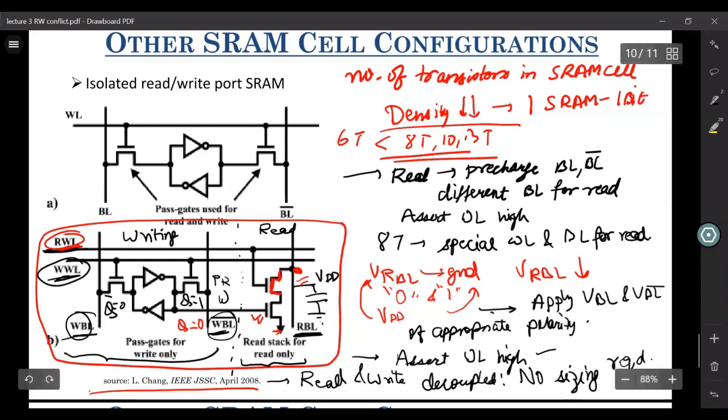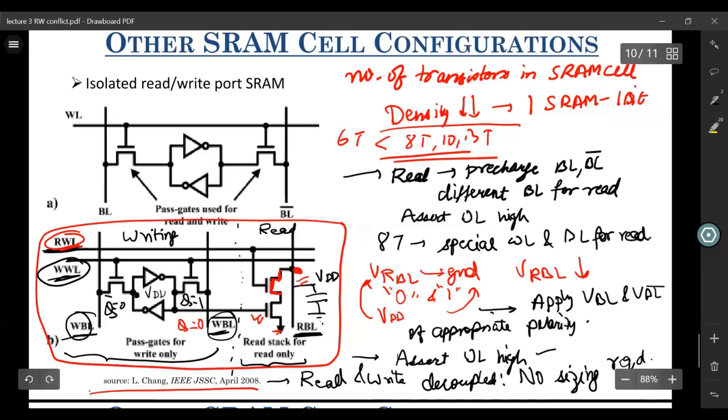That is just to make your write operation faster. However, you can also do away with that. Even if you don't have this pull ratio maintained, this cell will work and write will be performed, because you are not sizing this node such that it can't go to VDD.